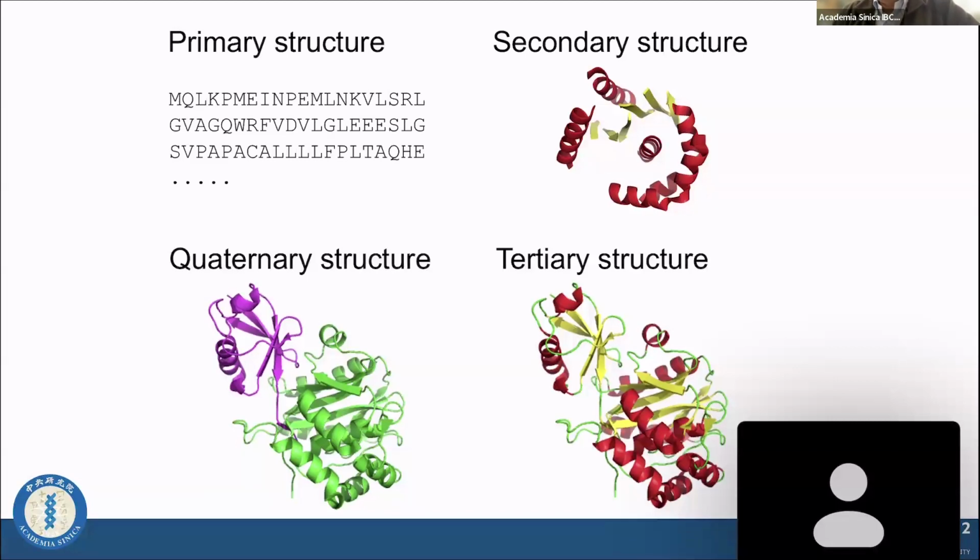If it's a complex formed by more than 2 proteins, which I color magenta and green on the lower left corner, that is called a quaternary structure. In this case, it's a binary complex of a green protein binding to the magenta protein. So that's the common definition of protein structure at 4 different levels.